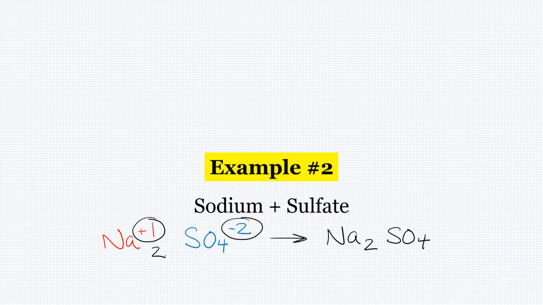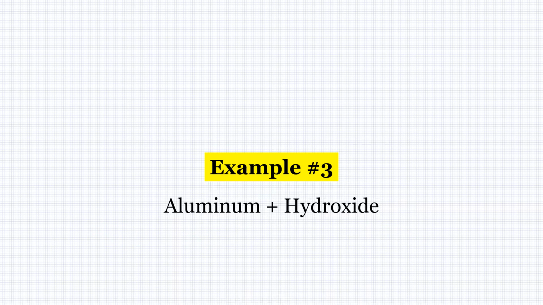Let's look at another one. Here's aluminum hydroxide. So aluminum has a +3 charge. That's our cation. Our anion is OH with a -1 charge.